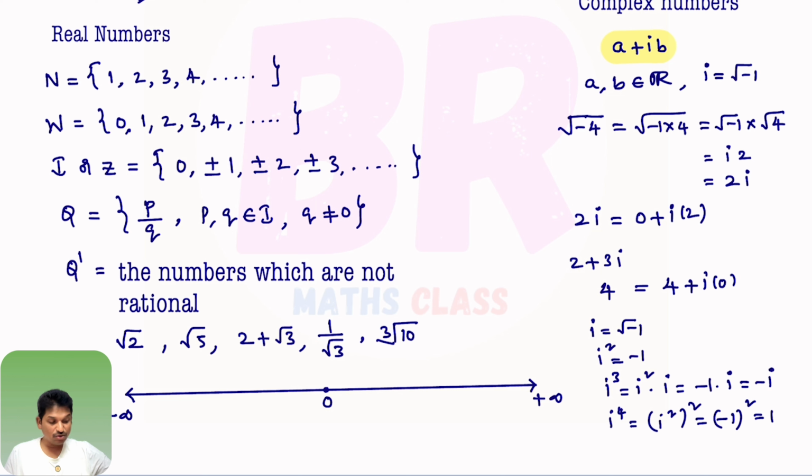So i value is square root of minus 1, i square value is minus 1, i cube value is minus i, and i power 4 value is 1.